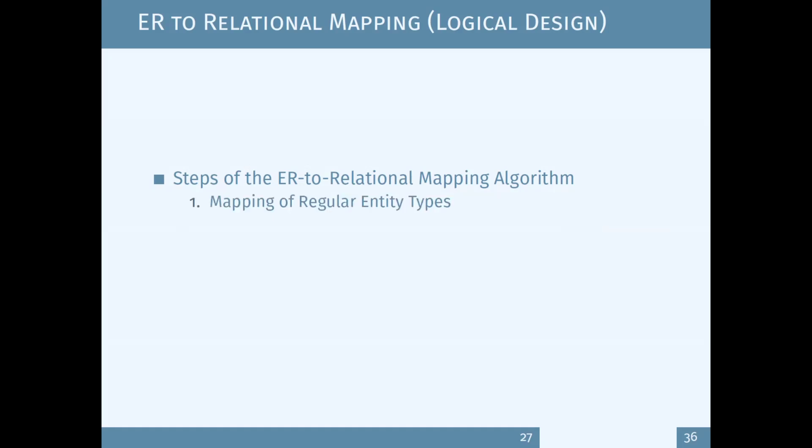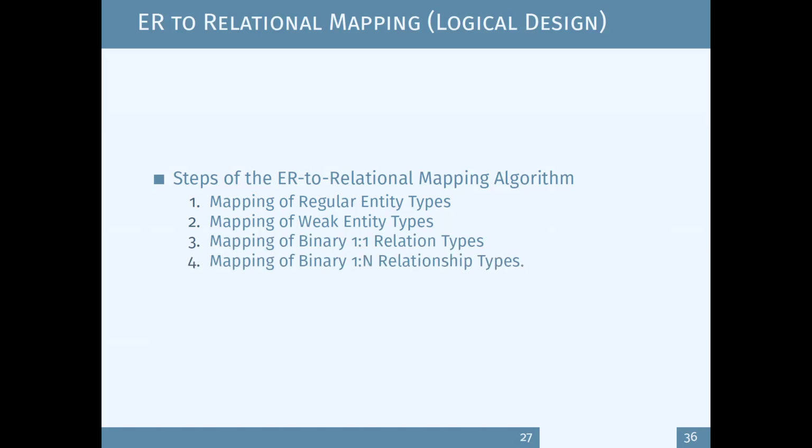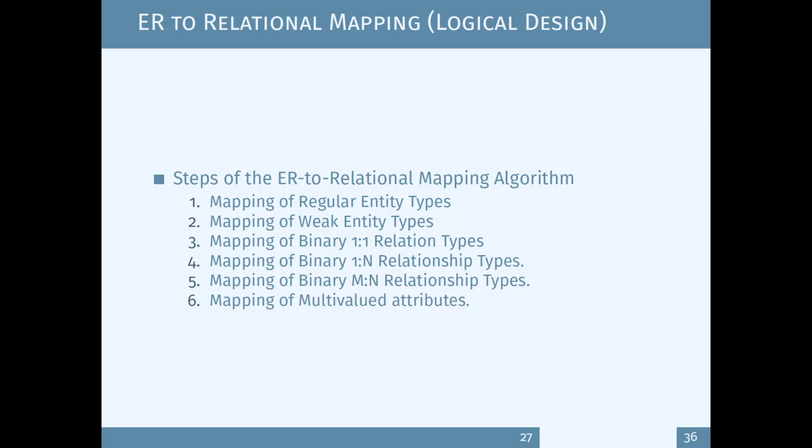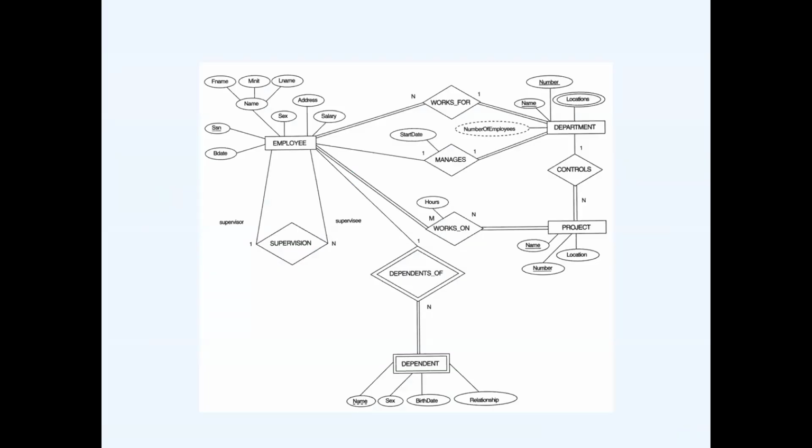First step, you look at regular entities, and then we map them. Second, we map any weak entities. Third, we map one-to-one relations, one-to-many relations, and many-to-many relations. Next, we map any multi-valued attributes. Right. So those are the steps we are going to go through.